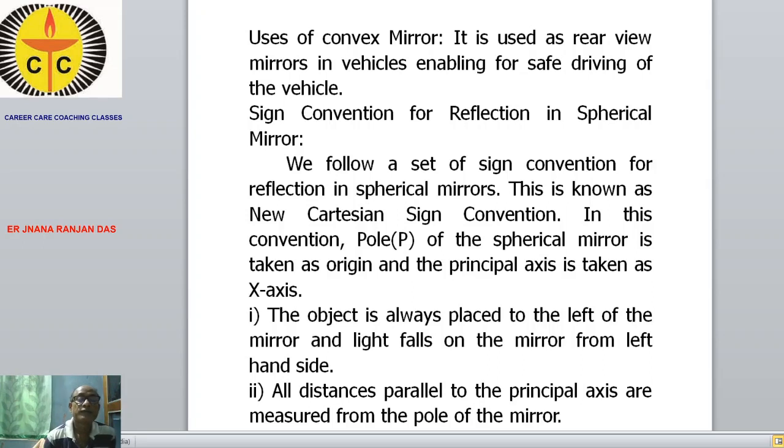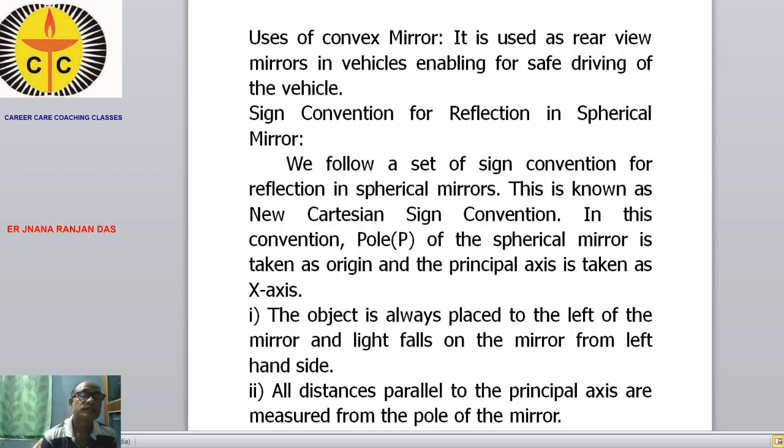Before that, we have to learn about the sign convention: which type of parameter takes which sign, whether positive or negative. Then only can you solve problems on reflection in spherical mirrors.